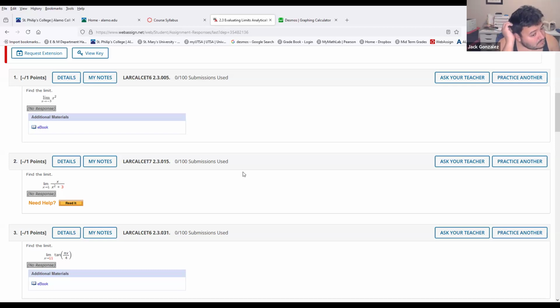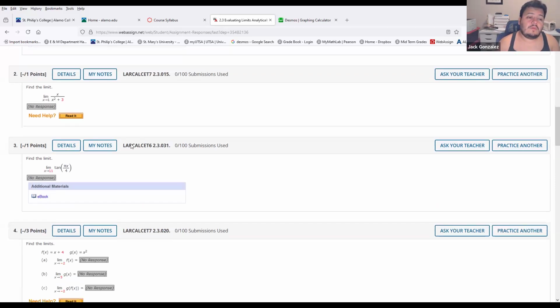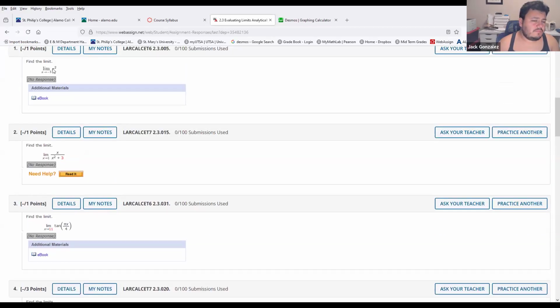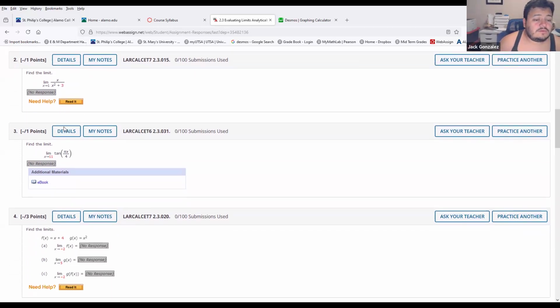So, for example, the first one, I'd say just explain that the limit on the right and left are the same. Therefore, the limit is going to be 9, right? That'd be sufficient. Same for 2.